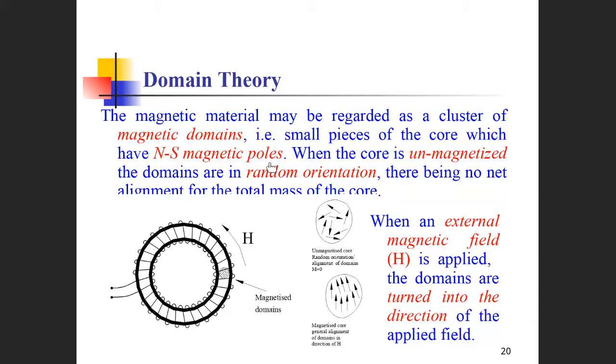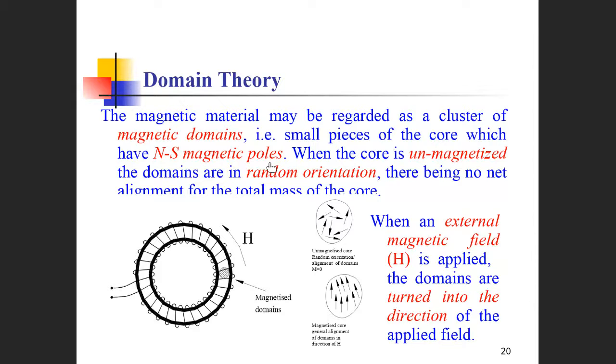For a good material within a unit volume, suppose there are 1,000 small poles. For a poor material within a unit volume, there are just 100 small poles.